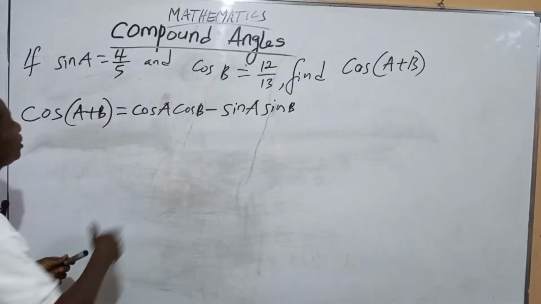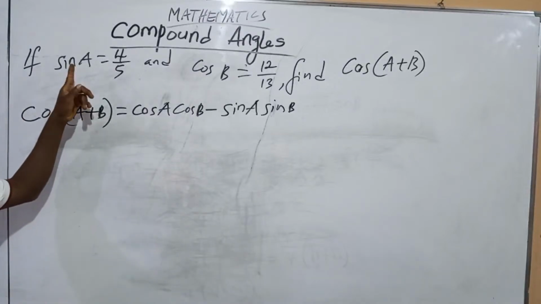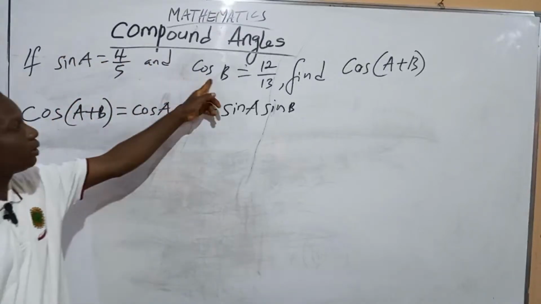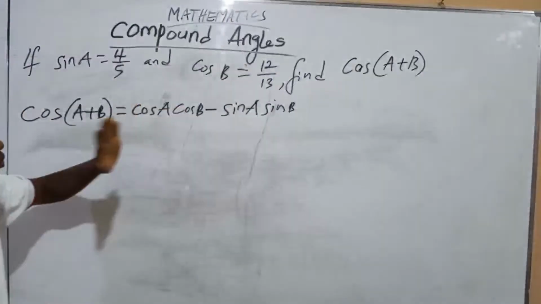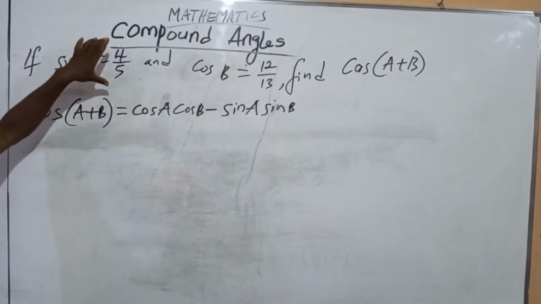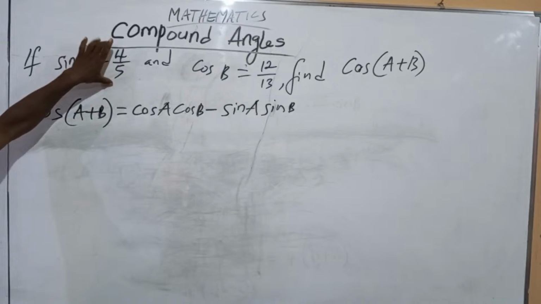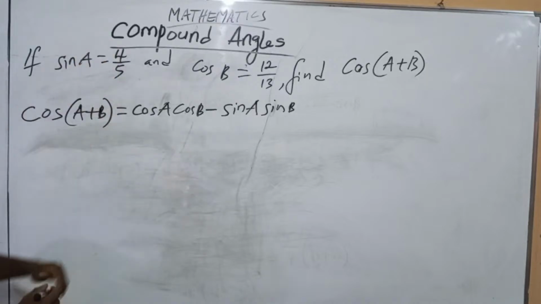Now, look at the implication. We know sine A, but we don't know cos A. We know cos B, we don't know sine B. But from a right angle triangle, we can use Pythagoras theorem to get this.